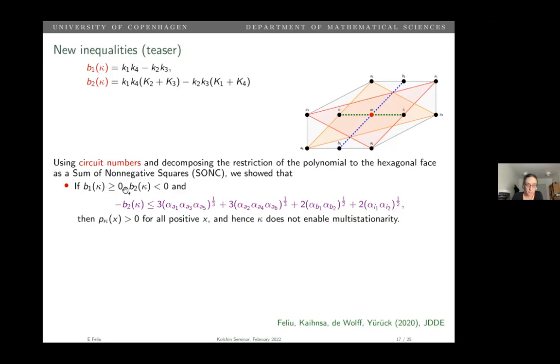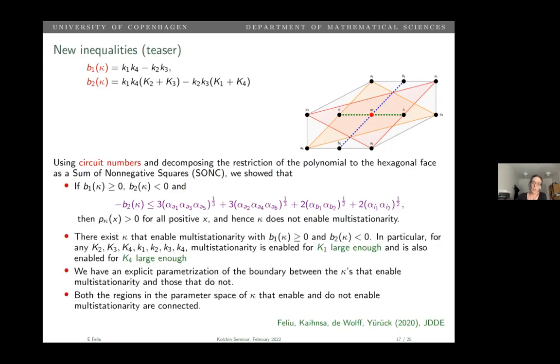when B1 is positive, that was the one that if it's negative, we are done. And B2 is negative and additionally satisfies some extra condition, then we didn't have multistationarity. And we could also show that actually when this holds, you could also find conditions for which there is multistationarity.